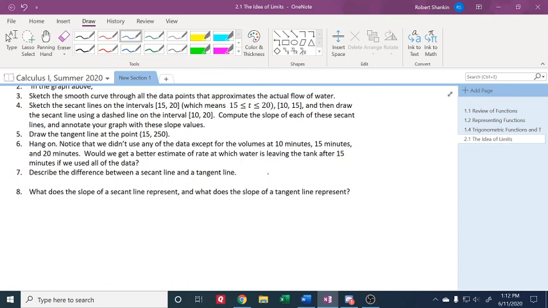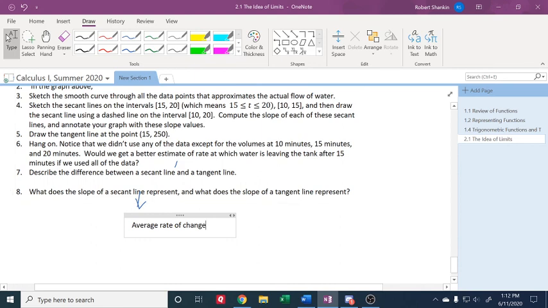Very good. And we're going to say the secant line here gives us the average rate of change, and the tangent line gives us an instantaneous rate of change.